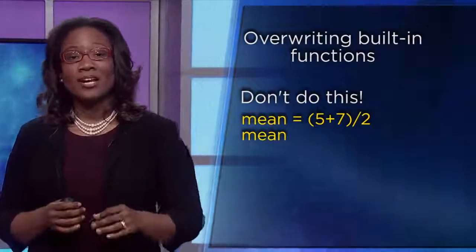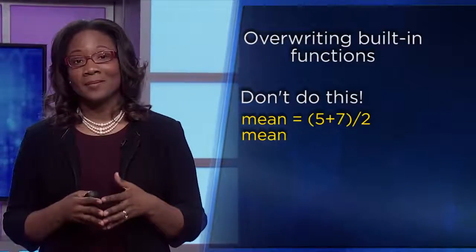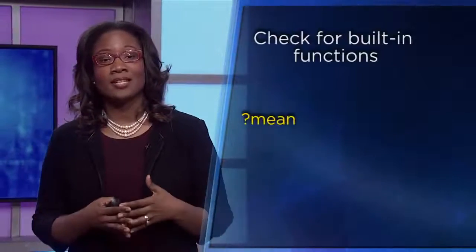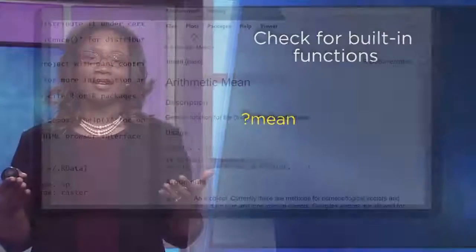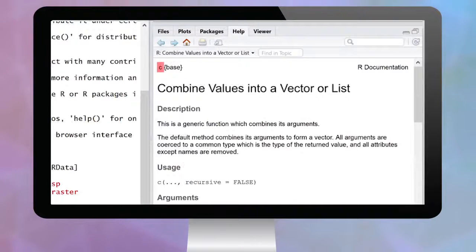The way that you can check that is by doing a question mark of the variable name that you'd like to use. So for example, question mark mean will spit out that the mean is actually a function that R uses. And so this clues you in that you may not want to assign it to a variable in your data. Likewise, things like c, which we learned above, stands for concatenate or combine.